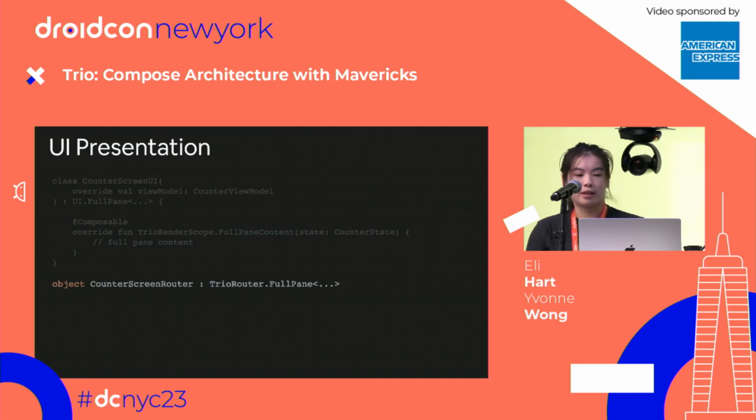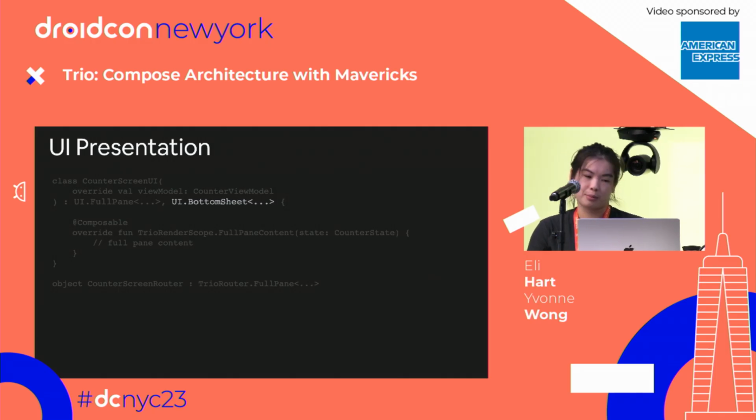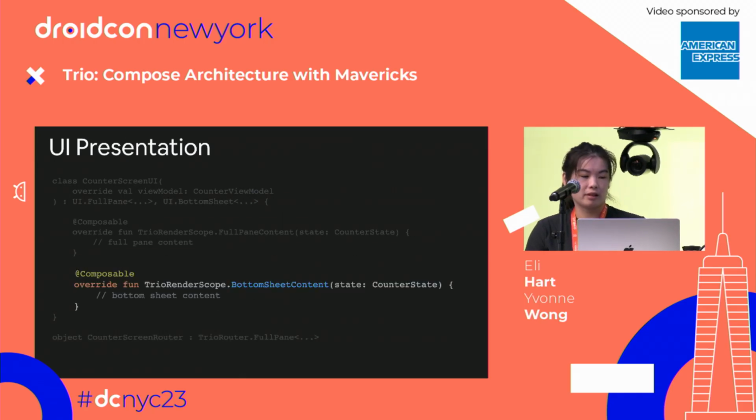The trio's corresponding router has to implement an equivalent interface, indicating that it can be shown as a full pane. Sometimes a trio is used in different contexts and needs to support multiple presentation types, such as both full pane and bottom sheet. The UI class then implements additional interfaces for each presentation type. Following the same pattern, the bottom sheet interface requires implementation of the bottom sheet content function.